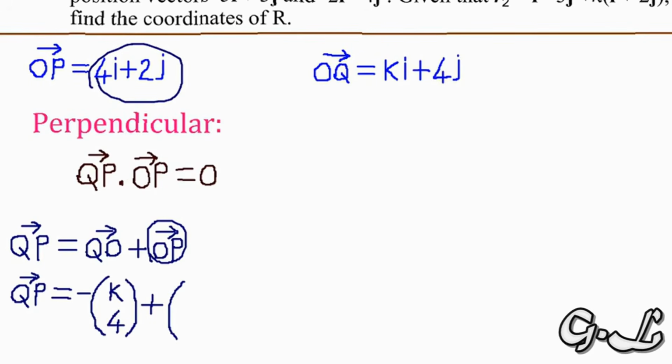So now what are we going to do? We're going to get the same expression for OP. So we have the expression for OP as 4i plus 2j. That's one thing that you need to keep in mind. But in such a case, just as I said, we are working with these vectors in the column vector form, simply because I like working with vectors when they are in the column vector form.